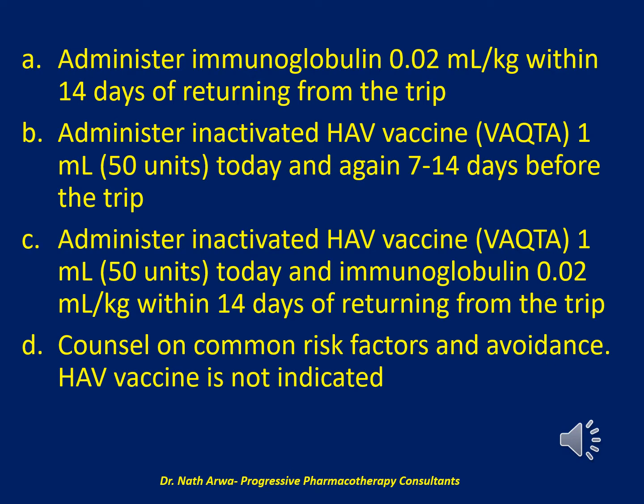Would it be A. Administer immunoglobulin 0.02 ml per kilogram within 14 days of returning from the trip, or B. Administer inactivated HAV vaccine VAQTA 1 ml, that is 50 units, today and again 7 to 14 days before the trip, or C. Administer inactivated HAV vaccine VAQTA 1 ml, that is 50 units, today and immunoglobulin 0.02 ml per kilogram within 14 days of returning from the trip, or D. Counsel on common risk factors and avoidance.